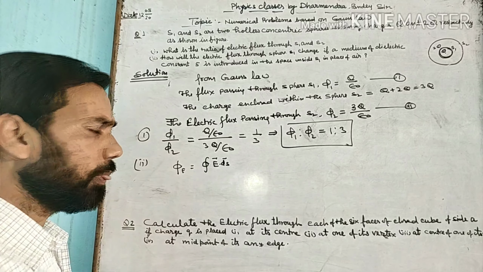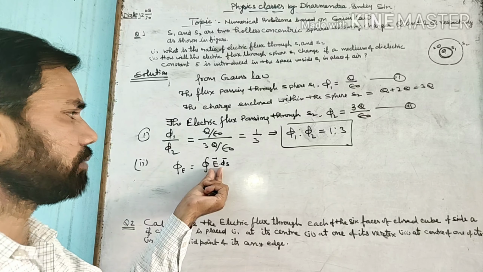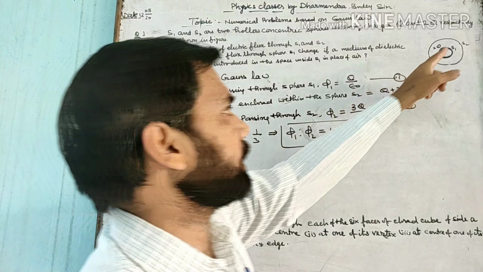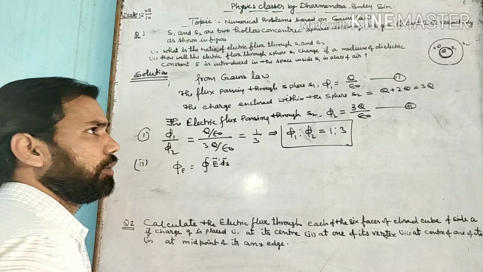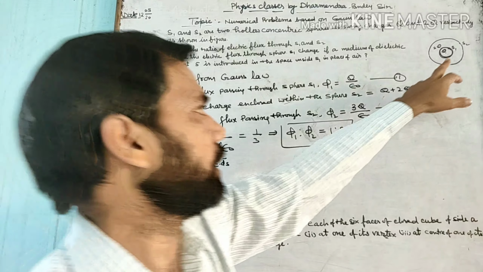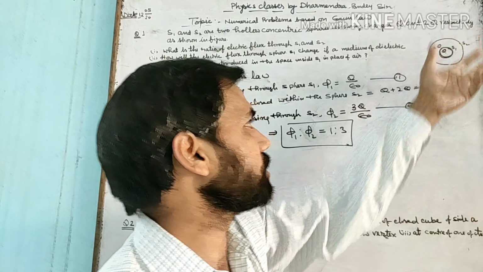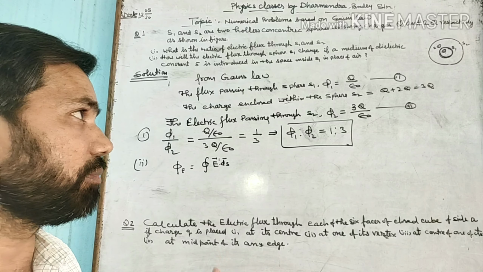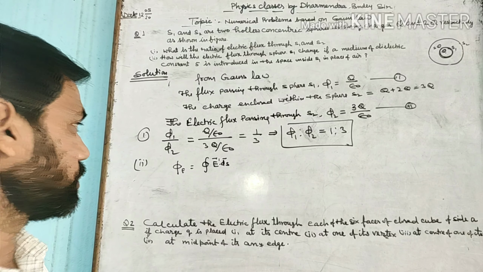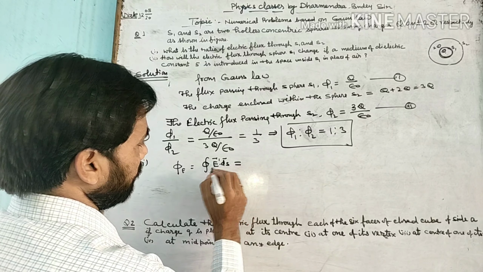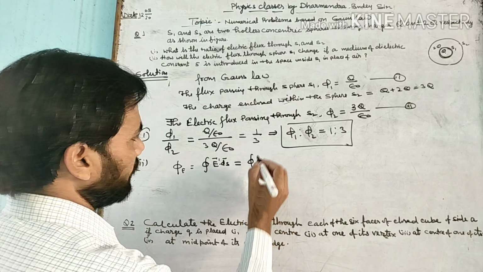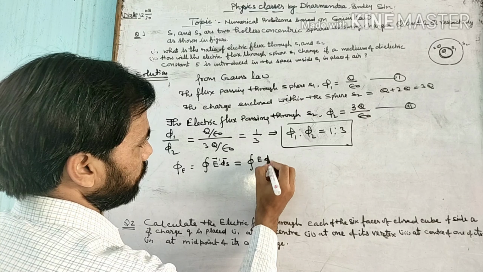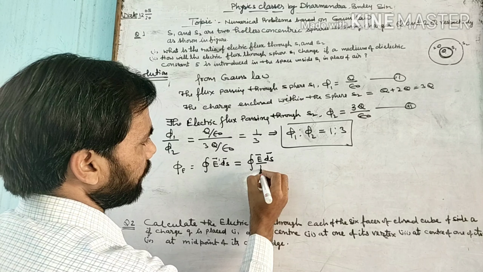Here, if the dielectric medium is inserted, the field due to this charge will change, because the medium inside the sphere will change. So we write it as E dot ds upon k.